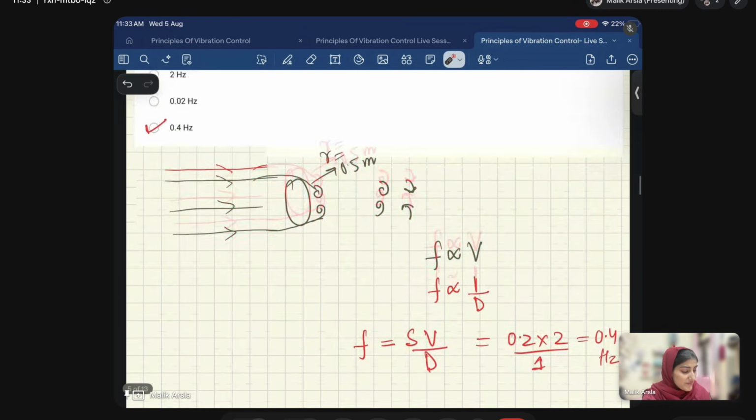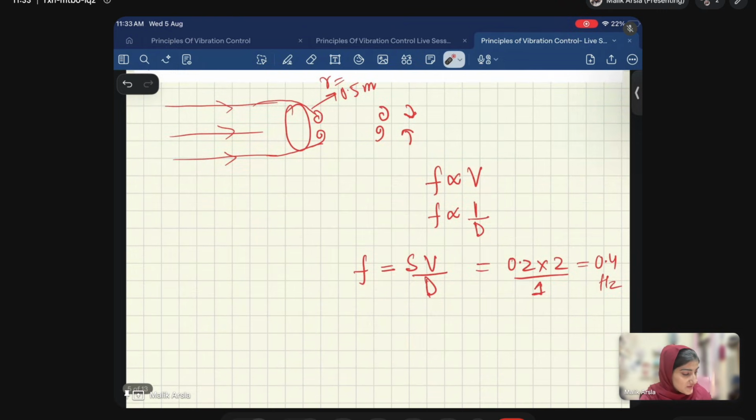So from here we arrive at frequency being directly proportional to V and inversely proportional to D. And when we change this proportionality into equality, we get this constant which is known as the Strouhal number.